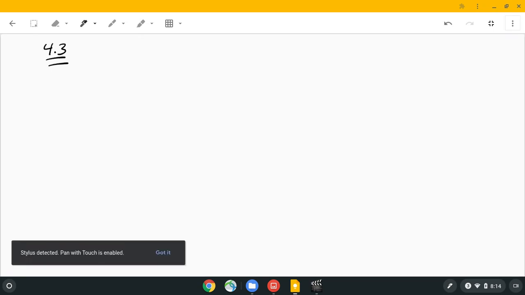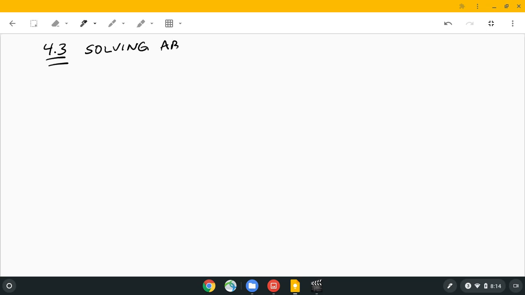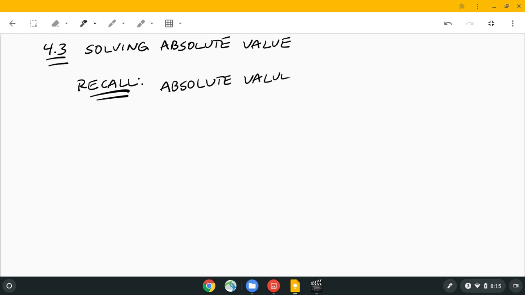4.3, solving absolute value. Okay, so let's just recall what absolute value is. Absolute value is the distance to zero, basically.